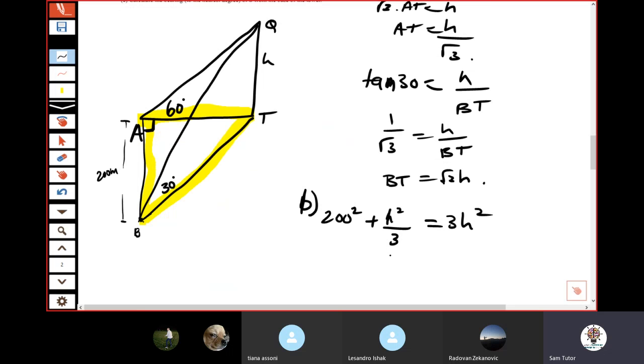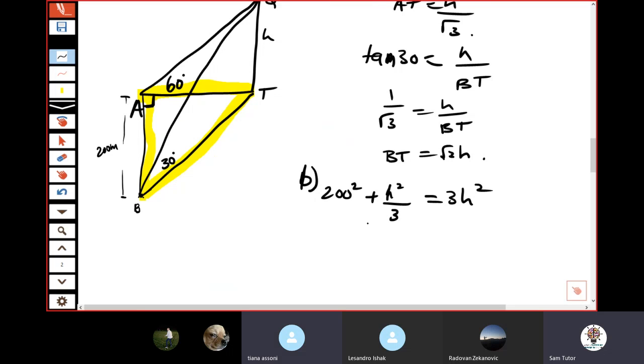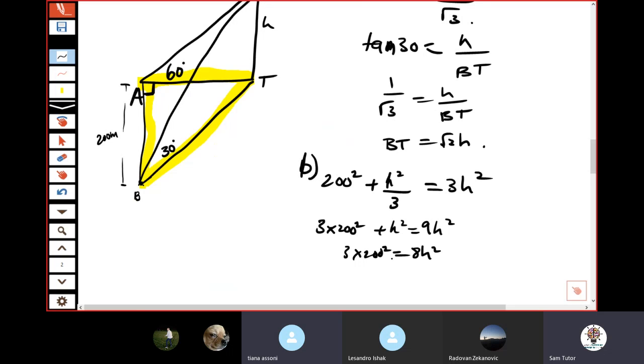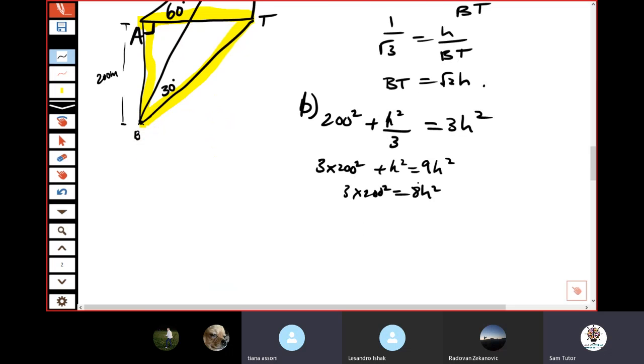Me, I don't like this 3 either. So personally, I will just multiply by 3 straight away. So 3 times 200 squared plus H squared is equal to 9H squared. And that way it's just a lot easier to deal with than fractions. So minus, and then of course, just going to divide by 8 and then square root.